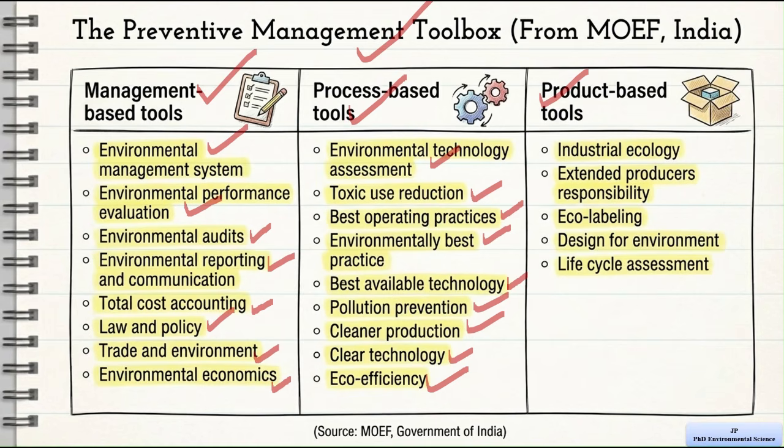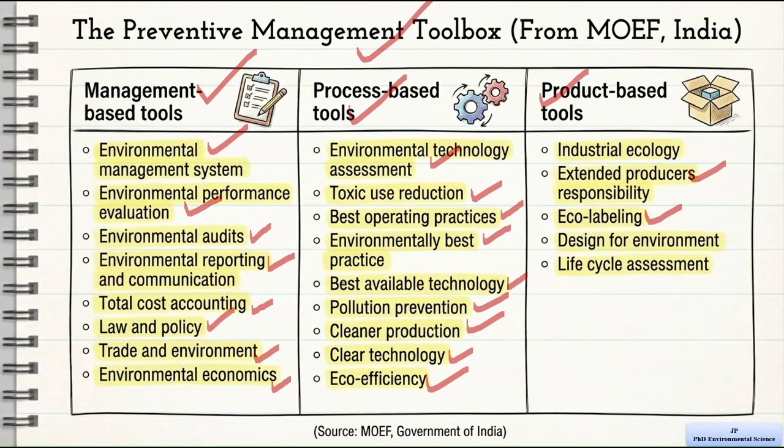Product-based tools. These tools focus on the environmental impacts of the products. Industrial ecology. Industries working like ecosystem where waste is reused. Extended producer responsibility. Producers are responsible for their products even after use. Eco-labeling.